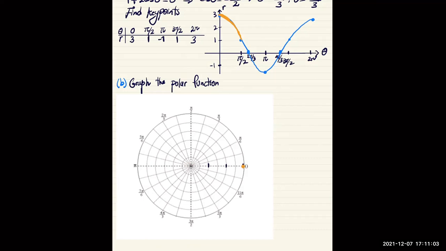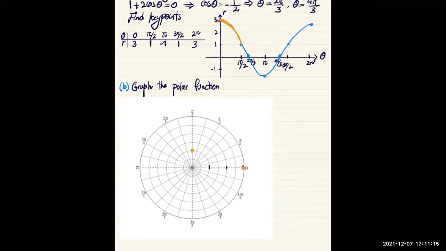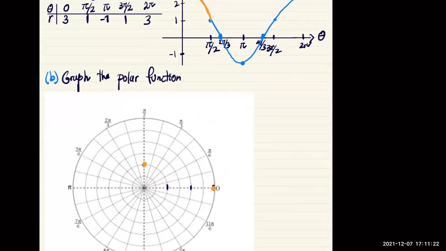And then at pi over 2, r is going to come down to 1. Right there. So what this is telling you is that as theta goes from 0 to pi over 2, r is going from 3 to 1.